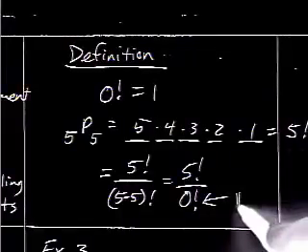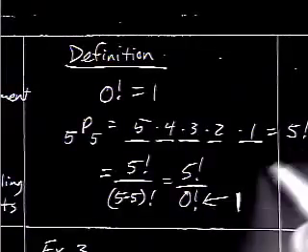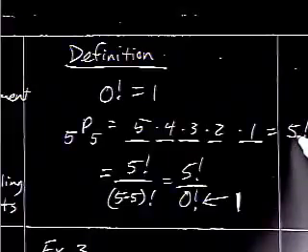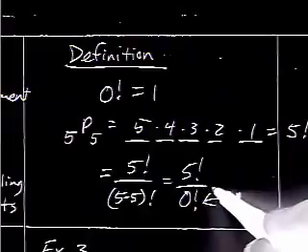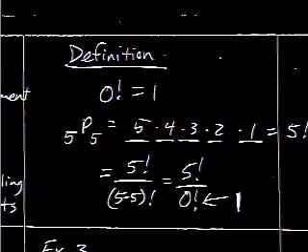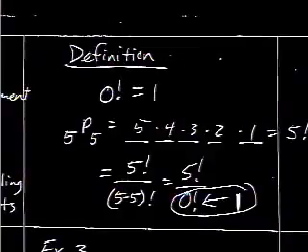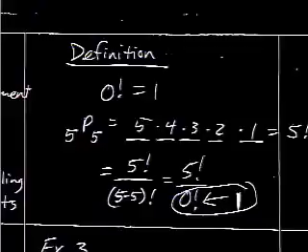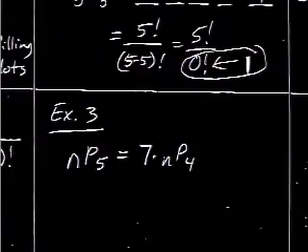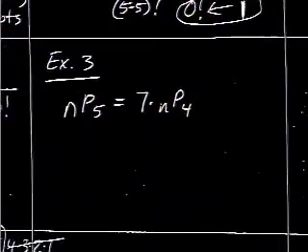And if this thing down here does not equal 1, then these two things, which we know are the same, don't equal each other. That's a problem. So to take care of the problem, we just said 0 factorial equals 1, and then that's the end of the story. I know, doesn't seem fair. We can do what we want.